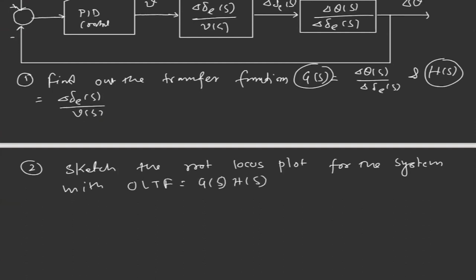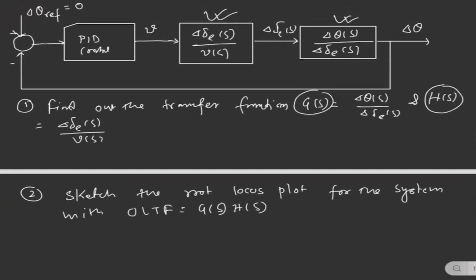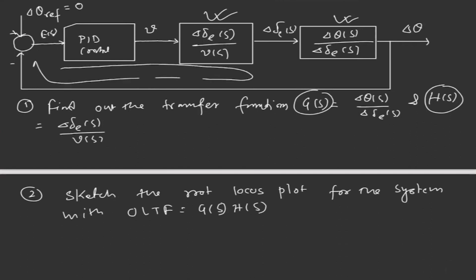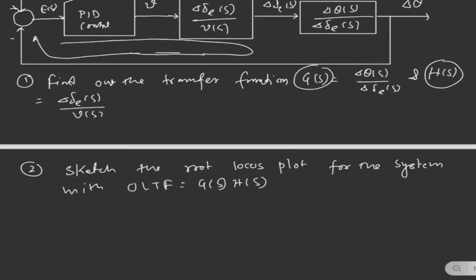So how to find OLTF? We know OLTF is basically, if we consider this as E of S, the total loop gain of the system in the entire loop. So here we have two transfer functions, G of S and H of S. The PID we have not taken as a transfer function here.